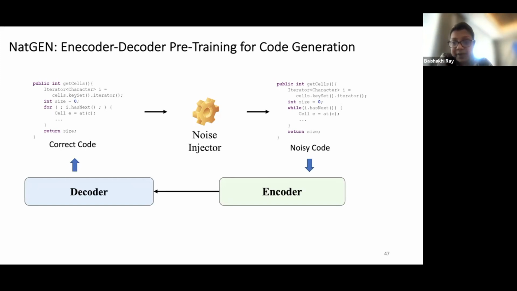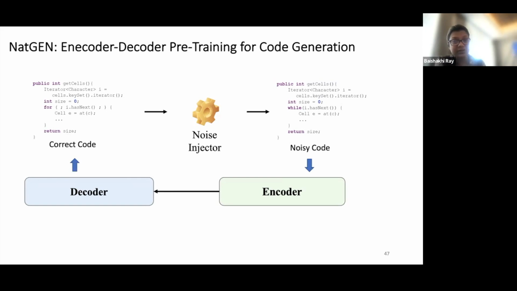Just to give a background, encoder-decoder is a very popular way to train a model for code generation, where the encoder is used for code understanding and the decoder is used for code generation.